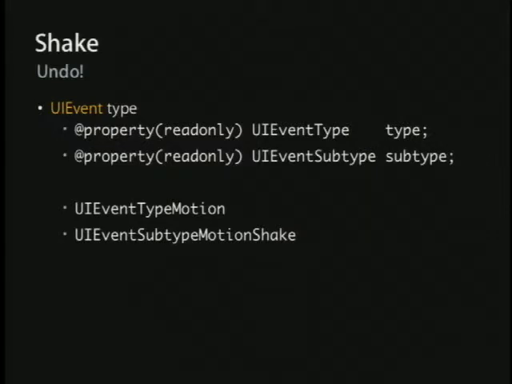The way you get to this is through UIResponder. I don't have the method on here, and I forget the name of it. Anyway, there's a method on UIResponder, just like the touch events we talked about last week: touches began, moved, ended, and canceled. There are also events for motion, and you can check them out in UIResponder.h.